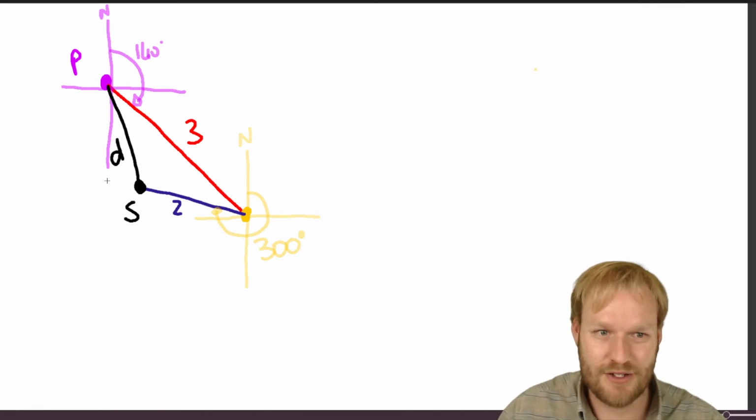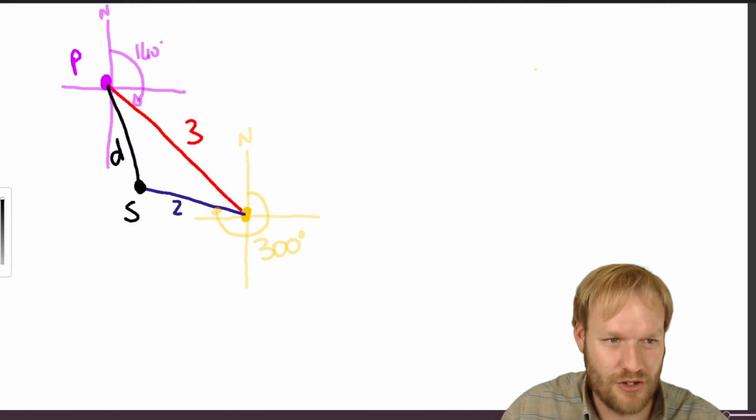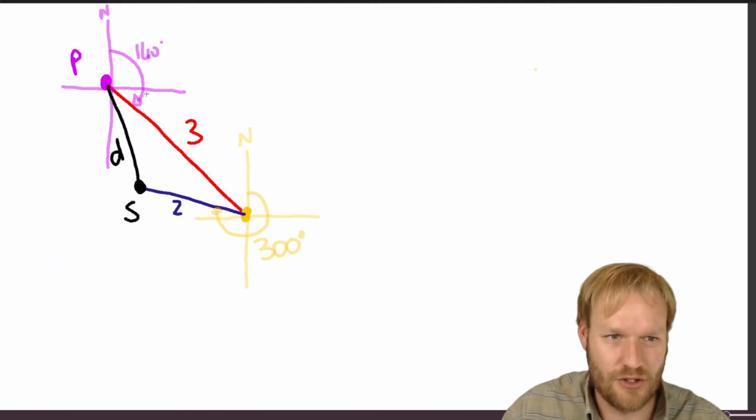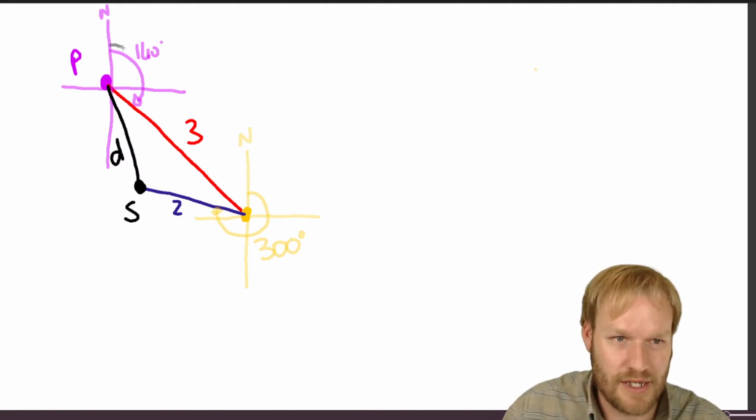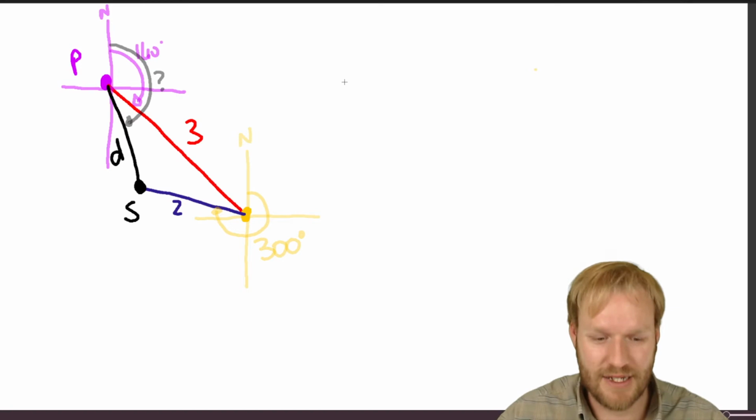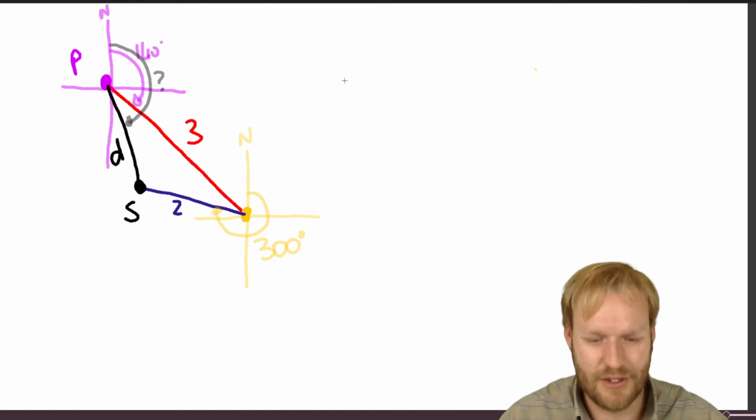It's gone 3 k's, 2 k's. How far and what bearing is it? So our last question is, what's this angle all the way around to the ship? That's what we need to find out, D and that angle. Okay, so it's looking okay so far.